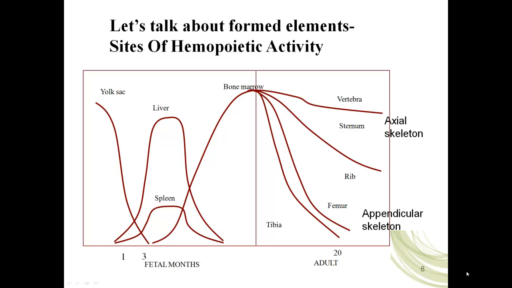And that red marrow in our long bones is being converted to yellow marrow, which is really just fat. So you oftentimes hear me say in class that after age 20 it's all downhill. So very early on in life we lose our appendicular skeleton red bone marrow, and now hematopoiesis only occurs in our axial skeleton, specifically the vertebrae, the vertebral bodies, and the sternum.